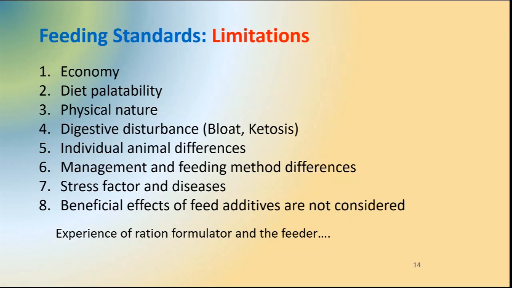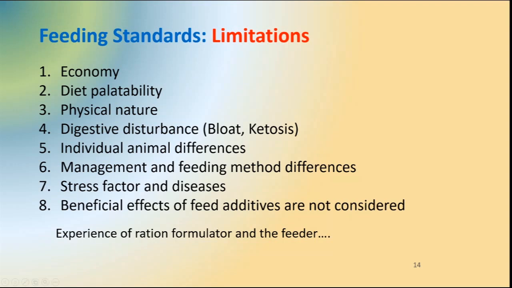So all these are the so-called limitations of the feeding standards, but they can be addressed with the experience of a good nutritionist, a good ration formulator, and the feeder. They can economize the ration, they can check the type of feedstuff and its physical nature at the time of formulation, and they can readjust with highly palatable feedstuffs or those of good physical nature. They can avoid digestive disturbances. Through nutrient allowance, they can manage individual animal differences, and they can put some guidelines about the feeding of that particular ration they have formulated.